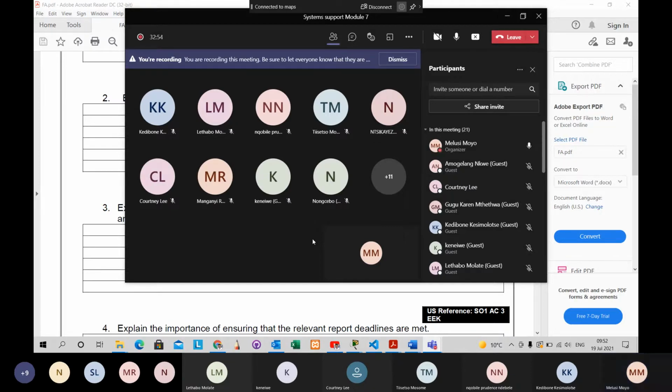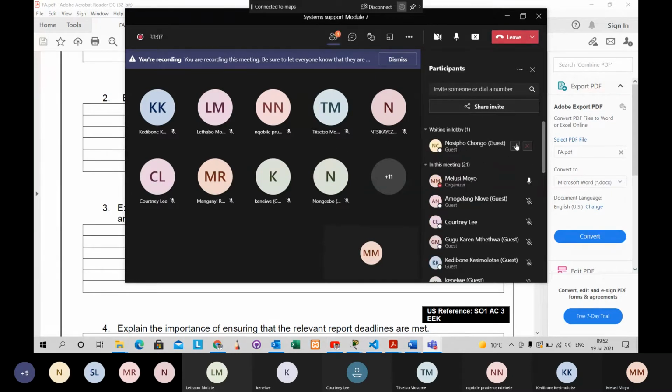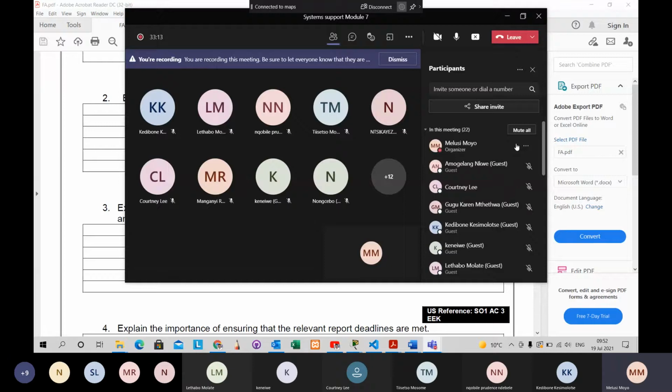So what's your answer when it comes to this one? Explain the importance of ensuring that sensitive business information remains confidential. So my answer was that when it comes to technical reports, some of the reports contain information about our network, like who's the administrator, the devices, the IP address ranges that we use, and the structure of our network.